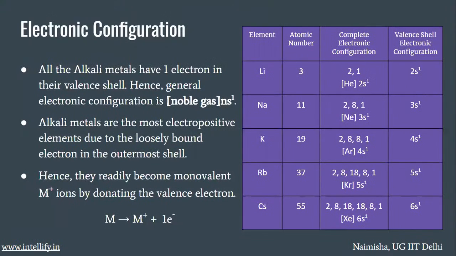Hence, they readily become monovalent M+ ions by donating the valence electron. Here, in this table, we can see the complete electronic configuration and valence shell electronic configuration of alkali metals.